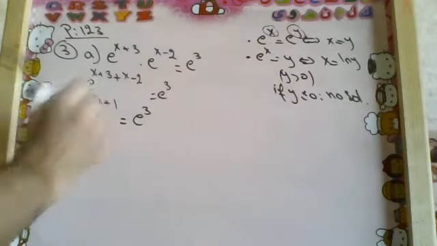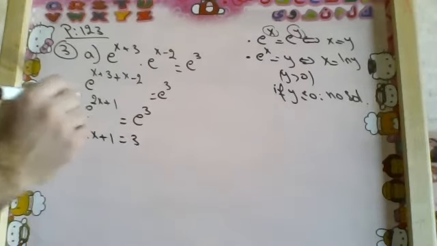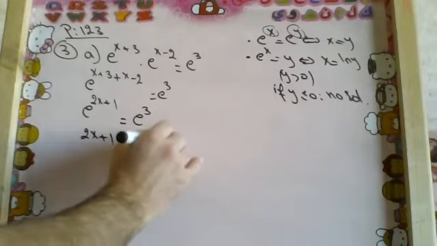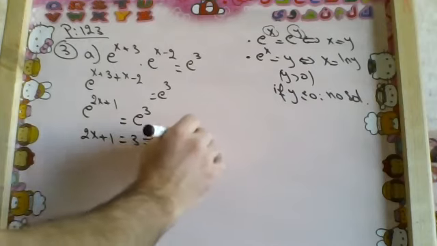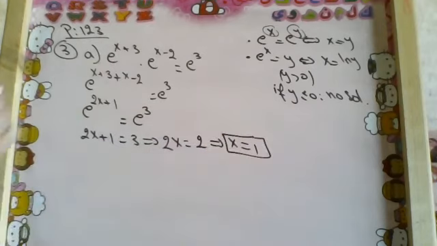Good. Exponents will be equal, x equal to y. So 2x plus 1 equals 3, so 2x equals 2, and so x is equal to 1. Thank you. x equals 1, correct.